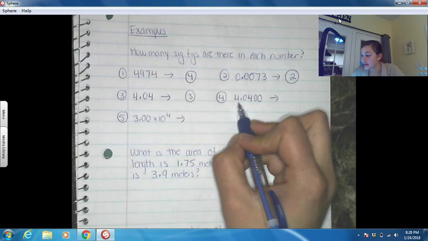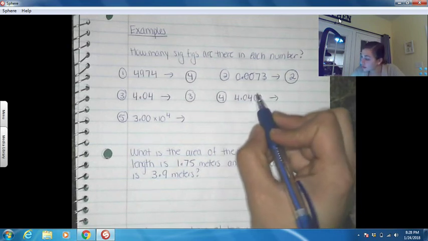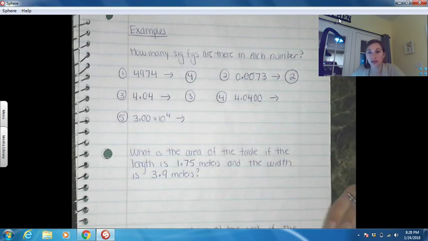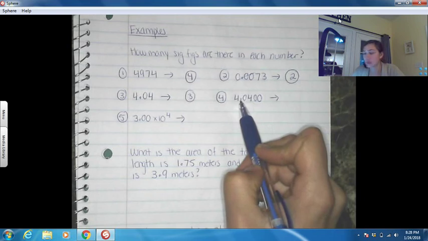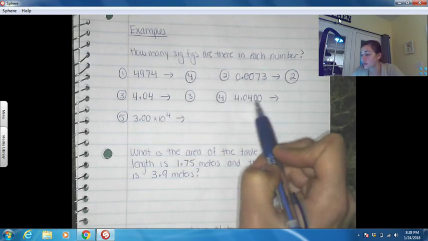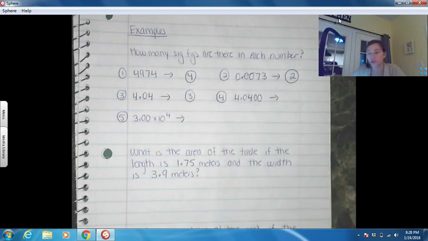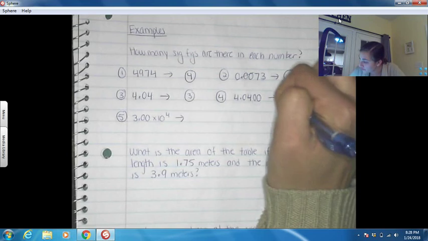So we have definitely 3 significant figures here. Now here we have 2 trailing zeros. Trailing zeros count when there is a decimal place anywhere in the number. And here we do have a decimal place, so all of these numbers are going to count. So that's 1, 2, 3, 4, 5 significant figures.